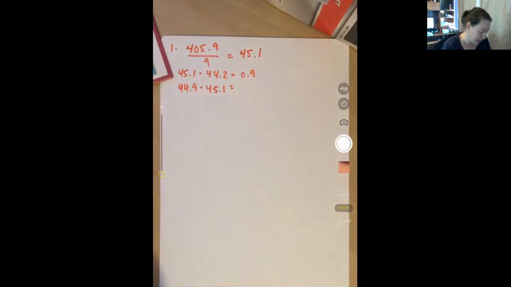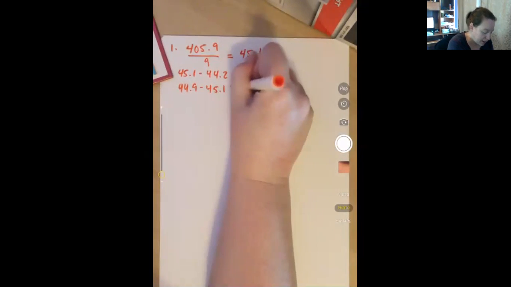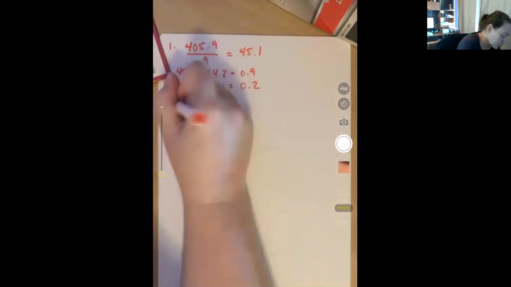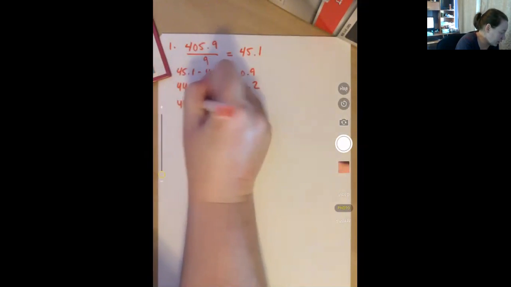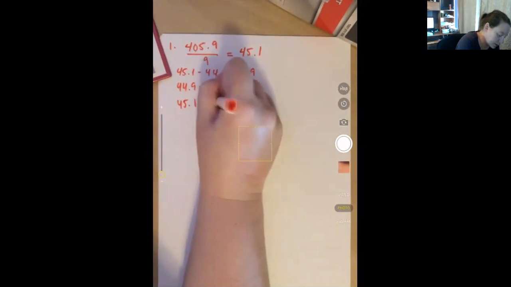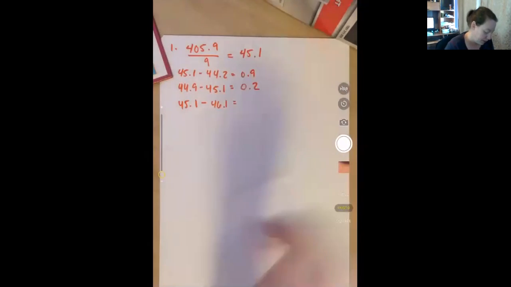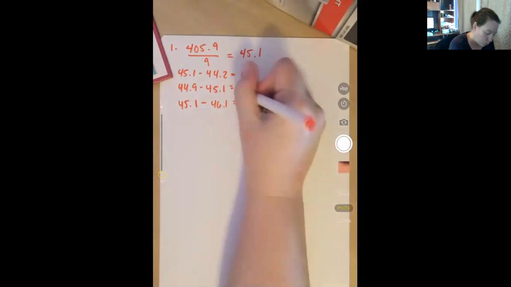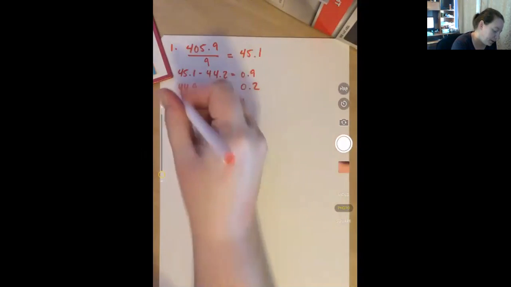It's always going to be a positive, always, always, always. Can't do anything about that. It ends up with 0.2. 45.1 minus 46.1 equals 1, straight up.